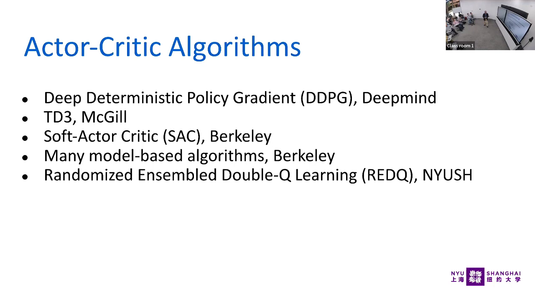These are all model-free algorithms, and there were also model-based algorithms that came out of Berkeley. They turned out to be somewhat more sample efficient, but didn't have the best asymptotic performance. And then more recently, we came up with an algorithm called randomized ensemble double Q learning, or REDQ, and that algorithm is currently the state-of-the-art for these actor-critic situations.